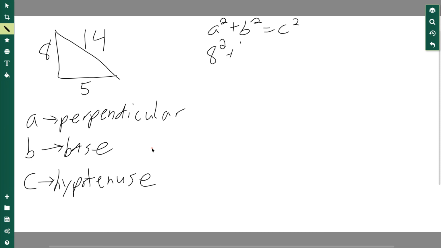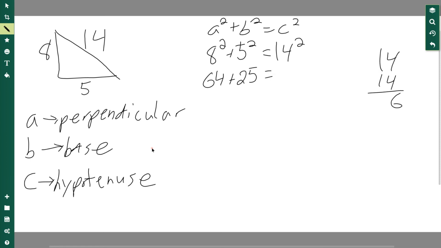So we have 8 here, 5 here, and 14 here. We can solve for our squares. 8 squared is 64, and 5 squared is 25. 14 squared you may not know off the top of your head, so I will quickly do that out right now.